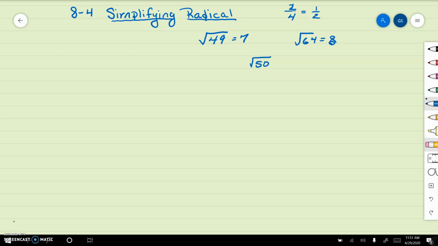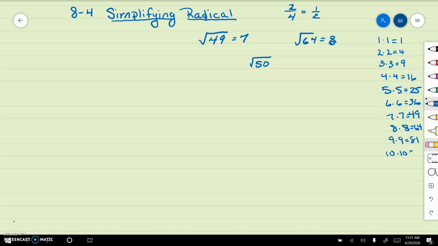Well, let's just remind ourselves of our factor pairs for perfect squares. So 1 times 1 equals 1, 2 times 2 equals 4, 3 times 3 equals 9, 4 times 4 equals 16, 5 times 5, 25, 6 times 6 is 36, 49, because it's 7 times 7, 8 times 8 equals 64, 9 times 9 equals 81, 10 times 10 equals 100.